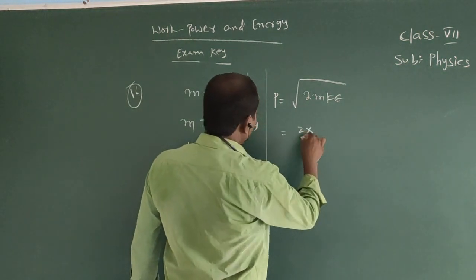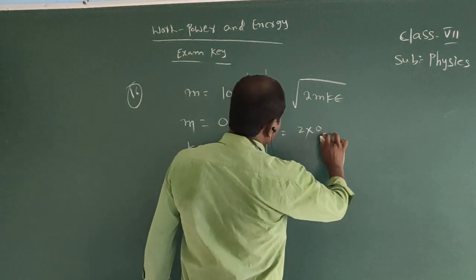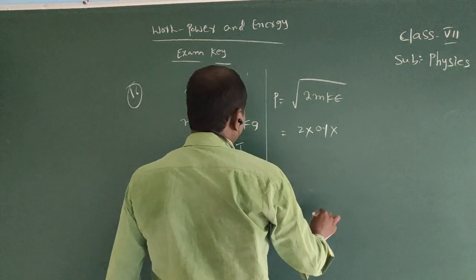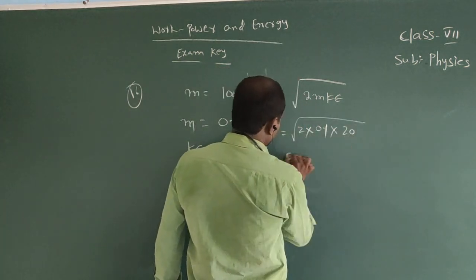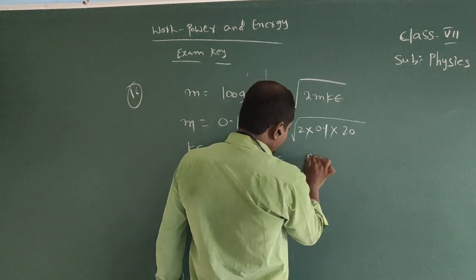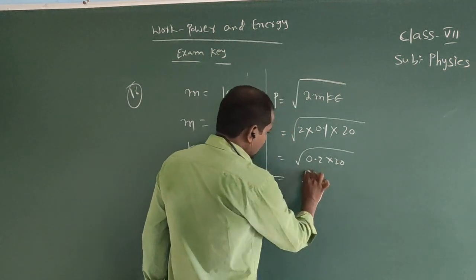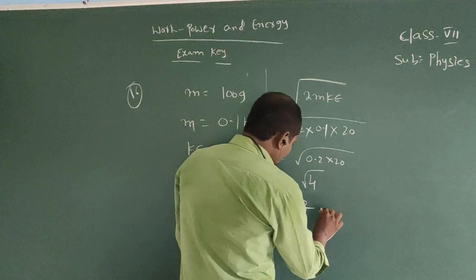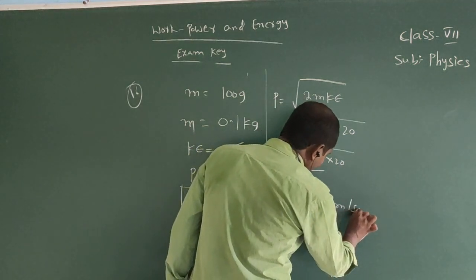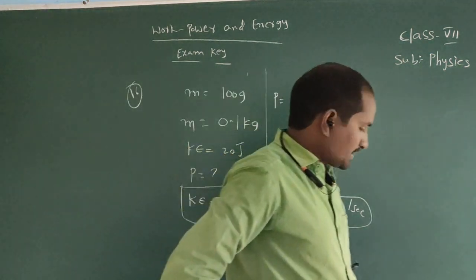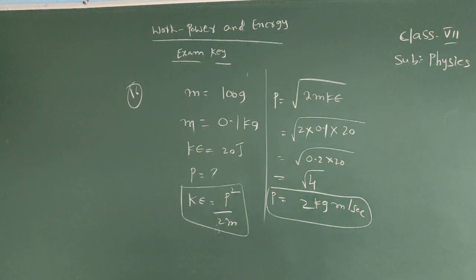So here 2 into mass 0.1 into kinetic energy 20 joules. 2 into 0.1 that equal to 0.2, into 20, root 4, that equal to 2 kg meter per second. It is the momentum.